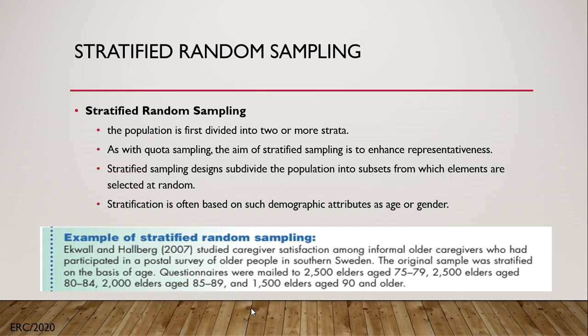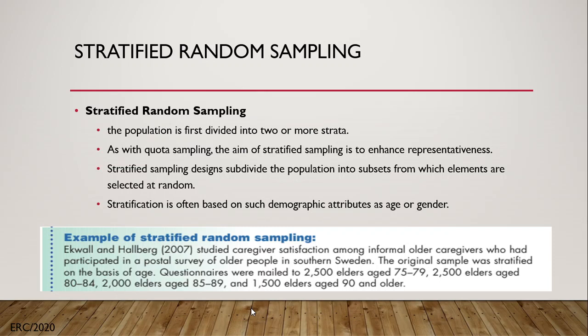For example, gusto mo lang lahat ng responses of the male other than the female counterpart. So a stratified sample design subdivides the population into subsets from which elements are selected at random. Stratification is often based on demographic attributes such as age and gender.